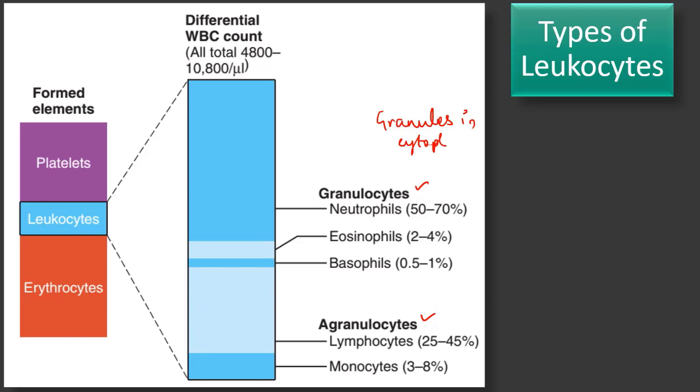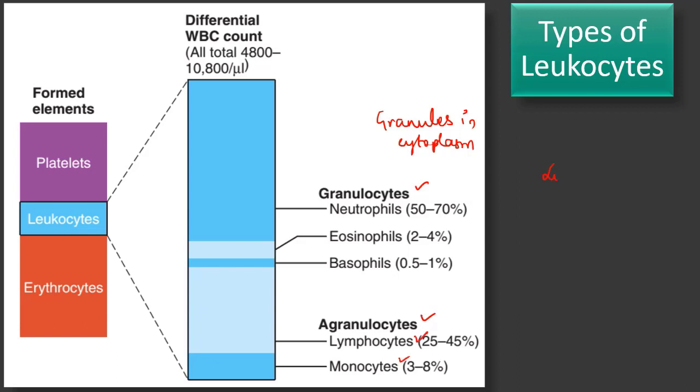Based on whether they are present or not, we count them as granulocytes or agranulocytes. Of course, the granulocytes have these granules, and agranulocytes lack these granules. The granulocytes are of three types: neutrophils, eosinophils, and basophils. The agranulocytes consist of lymphocytes and the monocytes.